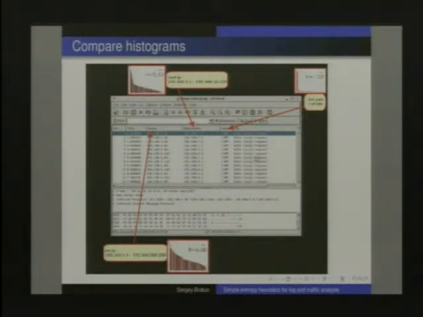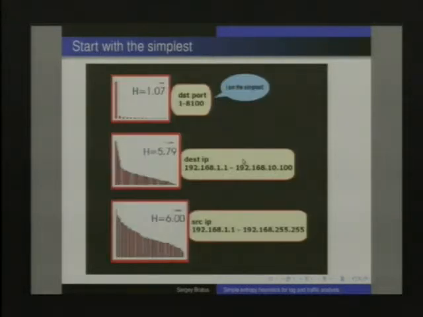So here, that summarizes this column for me. There, that summarizes that column for me. And so I have, in the next slide, 1.07 for the destination port, 5.79, and 6 for the destination and source port.